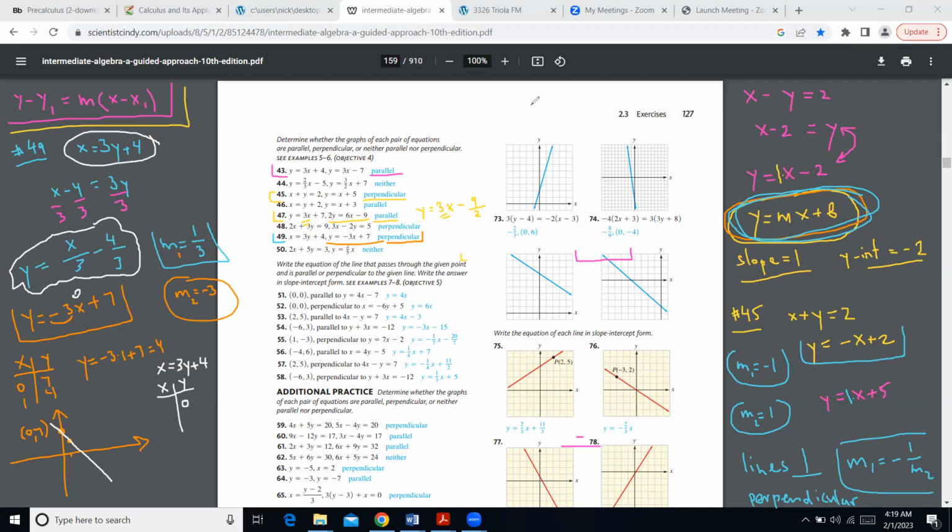Please notice if you were to replace y with a 0, then you get right away that x is equal to 4. So you get the first point, (4, 0). So I'm trying to show you a shortcut, but you don't have to follow it. You can just graph any way you like, as long as you calculate 2 points.